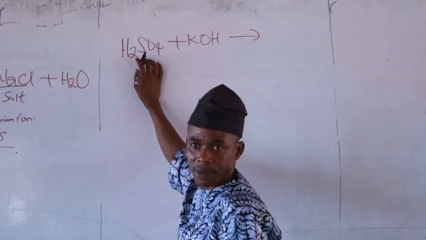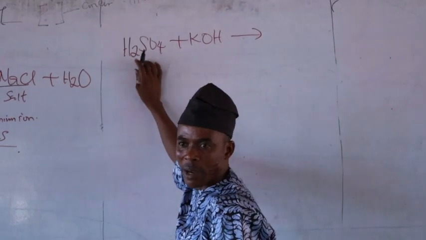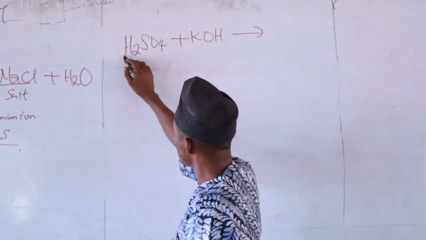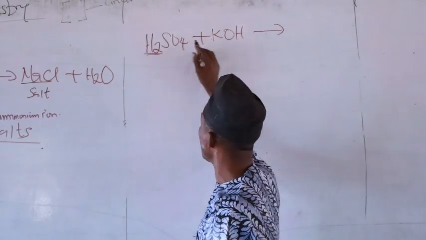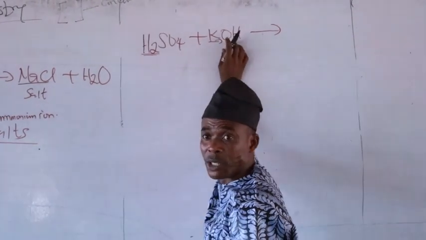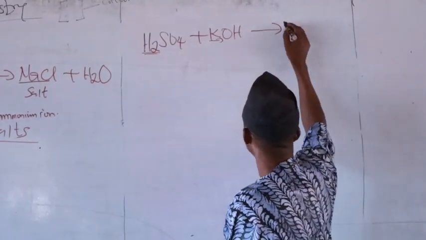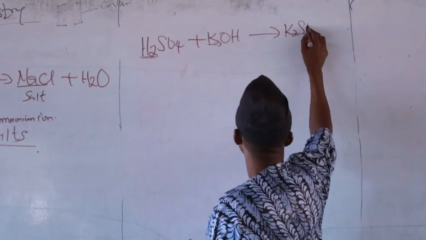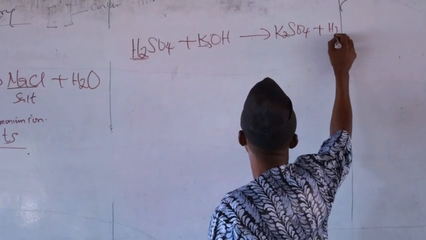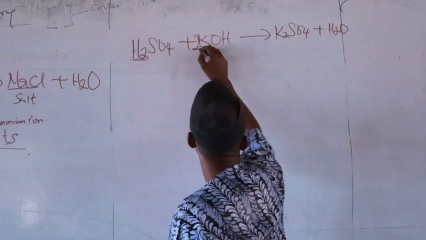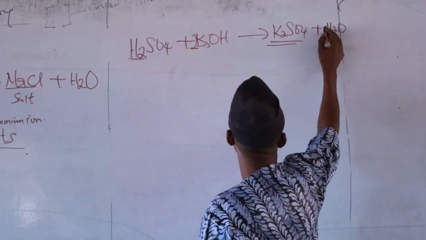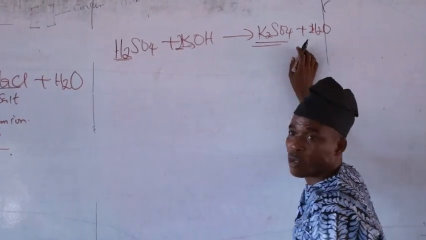This is an acid. How many replaceable hydrogen ions do you have here? So if all the replaceable hydrogen of this acid is replaced with the metal from this base, what is formed is referred to as the normal salt. So we have K2SO4 plus H2. Therefore, this is an example of a normal salt.